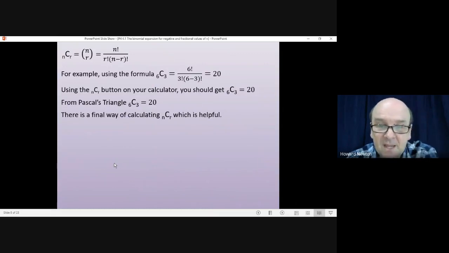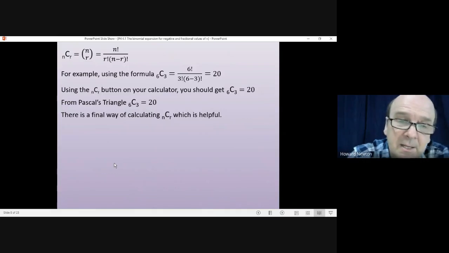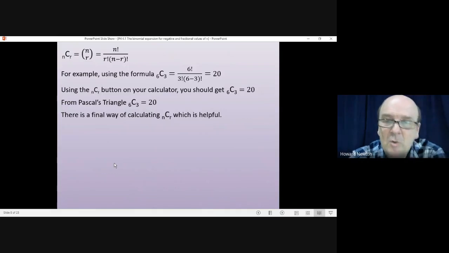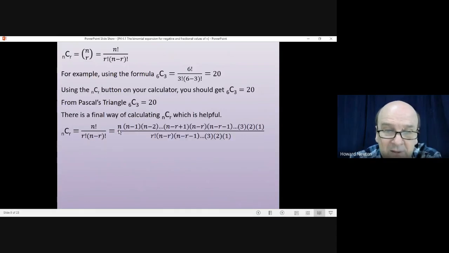Now, there is a final way of calculating nCr, which we didn't learn in Pure Mathematics 2, which can be very helpful. So nCr, that's the normal formula, n factorial over r factorial times n minus r factorial. I'm going to write these out a little bit more fully. So n factorial means n times n minus 1 times n minus 2, all the way down to 3 times 2 times 1 at the end.